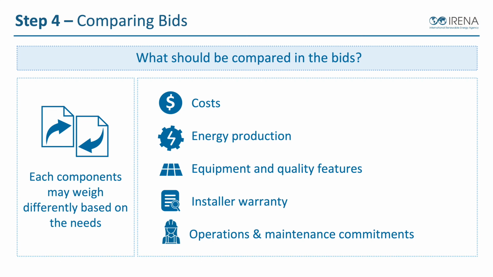Often it's because of how the solar contractor estimates annual energy production. And we want to make sure that they're making a good estimate, not overestimating potential energy production.